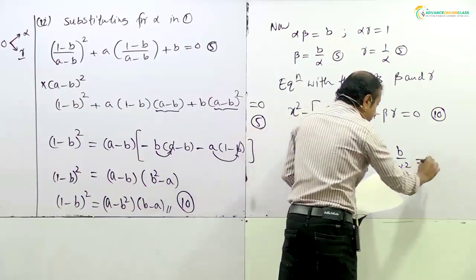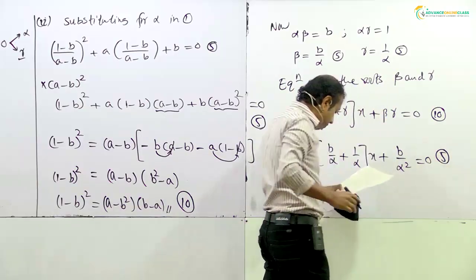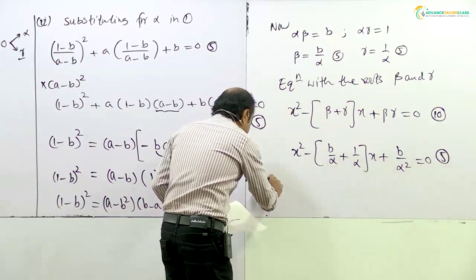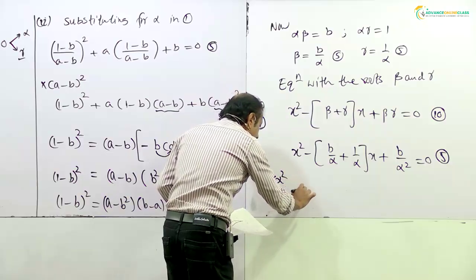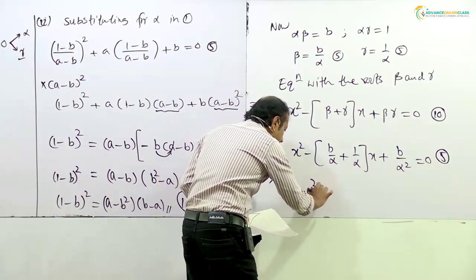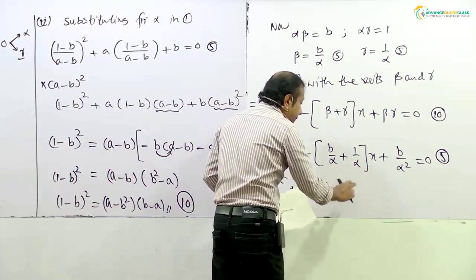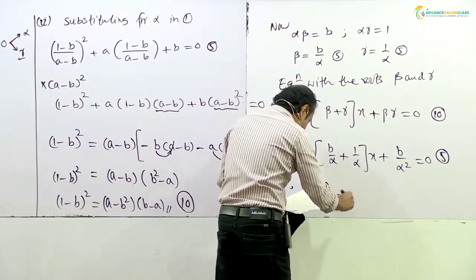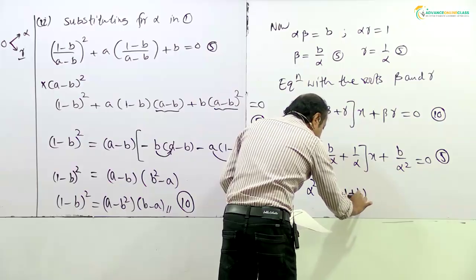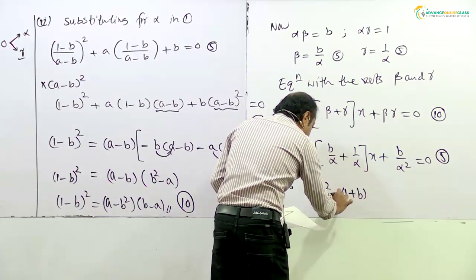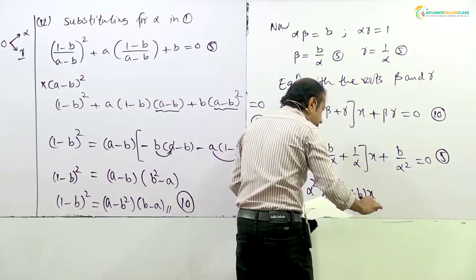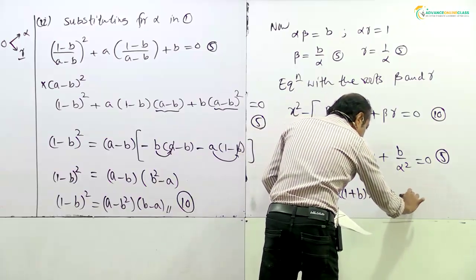For this also, another 5 marks come in. Then multiply this by alpha squared. Then we get alpha squared x squared, now the alpha should come before this, minus (1 plus b) alpha x plus b equals 0.